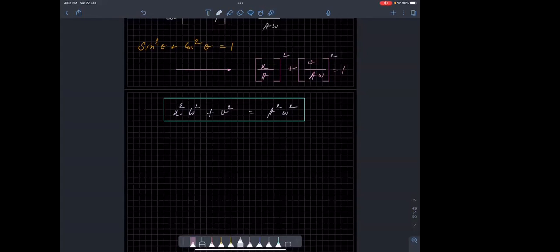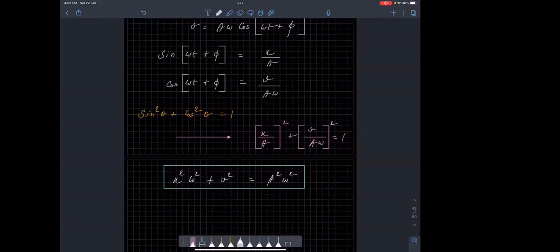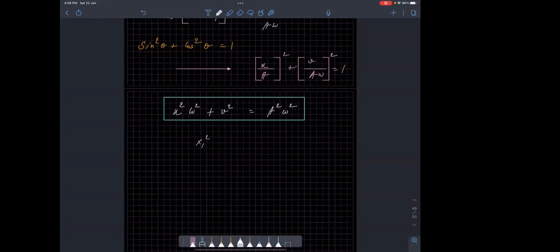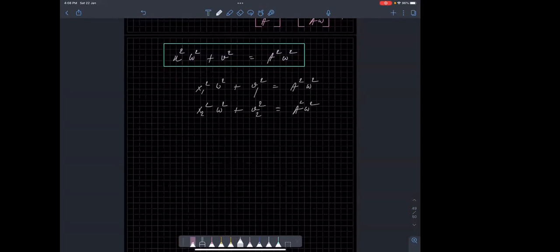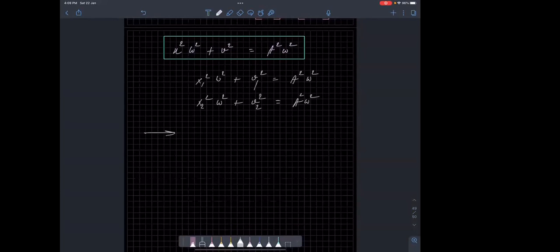Now, if you write the first set of values, what will you get? x1 square omega square plus v1 square equals A square omega square. Similarly x2 square omega square plus v2 square. You can equate both the equations. So what will you get? Tell me. x1 square omega square plus v1 square equal to x2 square omega square plus v2 square.